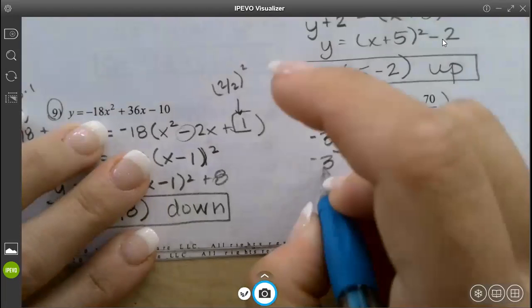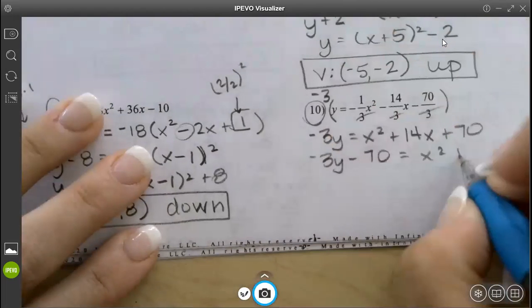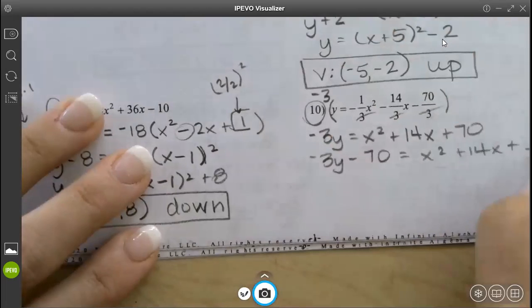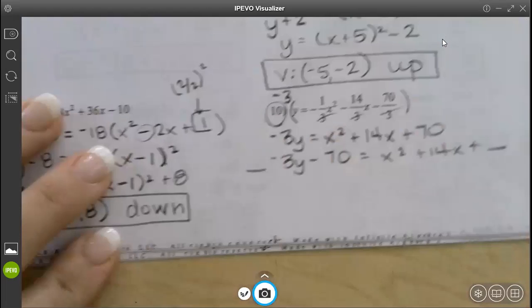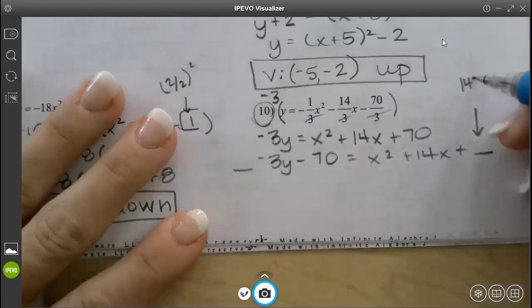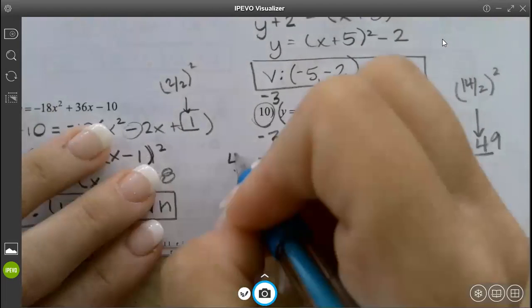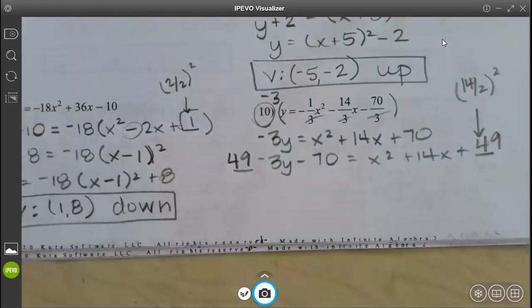So -3y minus 70 equals x squared plus 14x plus blank. 14 divided by 2 is 7. Squared is 49. It'll go on both sides because I didn't take anything out.